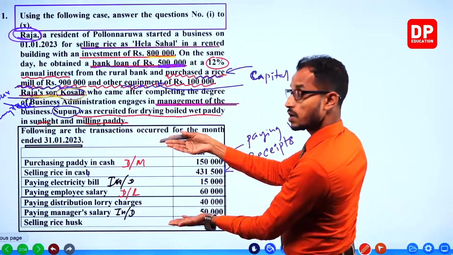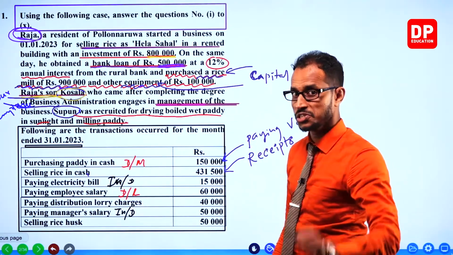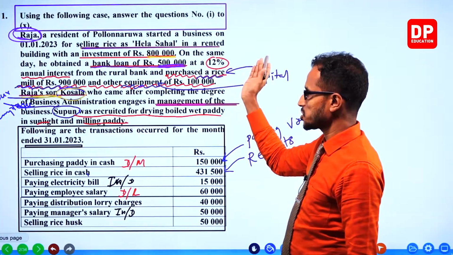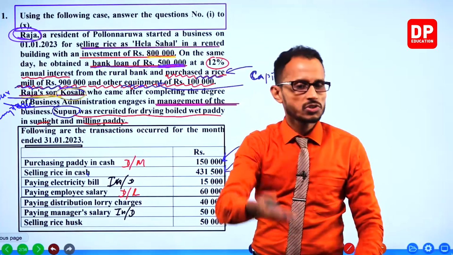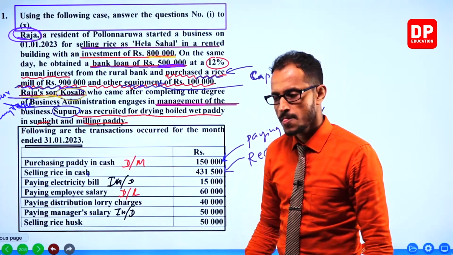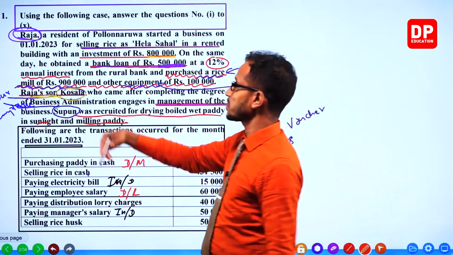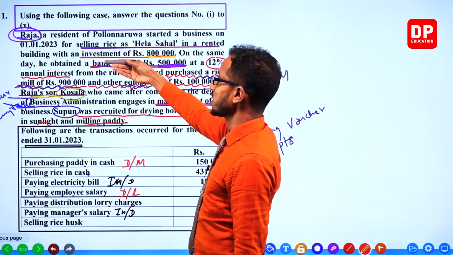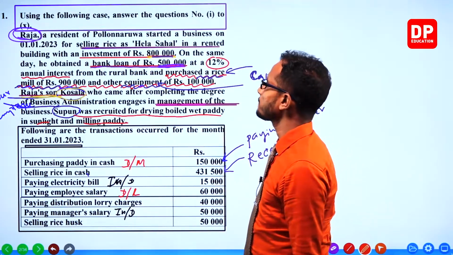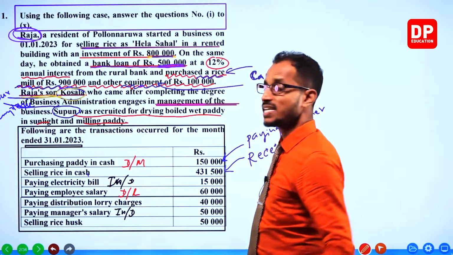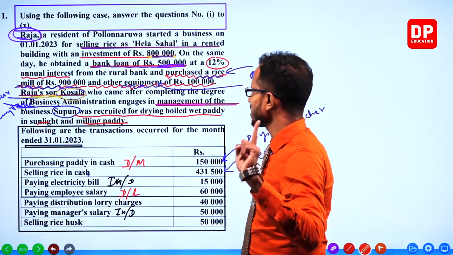First of all, before the transactions, check whether cash inflows or outflows happened. I know there is a cash inflow because capital of 800,000 was invested. So that is cash received, 800,000.